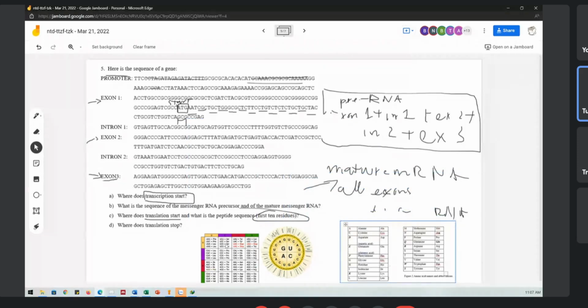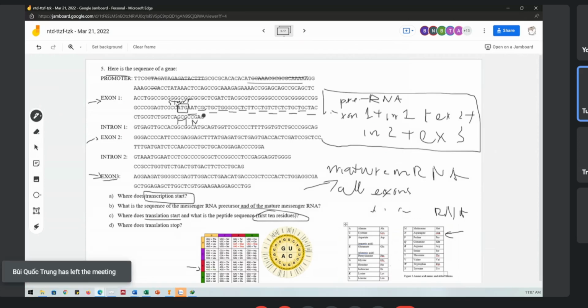So from here we have the AAT, and look at A here and A here. So AAC is ASN, asparagine, and we have N here.